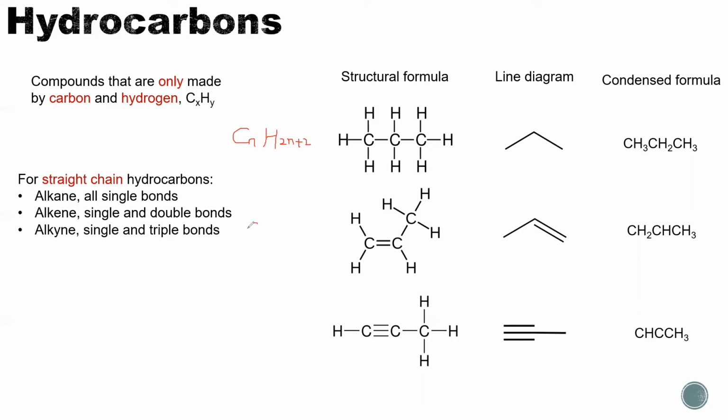For alkenes, because it has one double bond, it loses the ability to couple with two hydrogens, so the formula is CnH2n. When we have a triple bond, it's CnH2n-2.